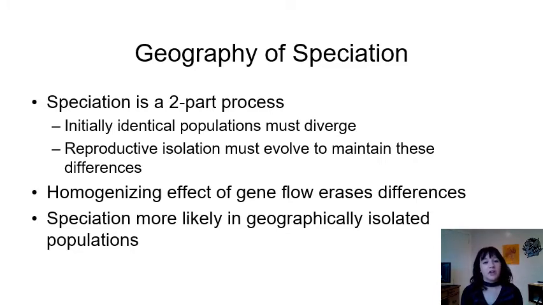So speciation is going to be more likely when you have a population of one species that gets geographically split in two. So they're physically separated and they can't mate. And over time, they evolve differences so that even if they were brought back together again, they're physically incapable of mating.